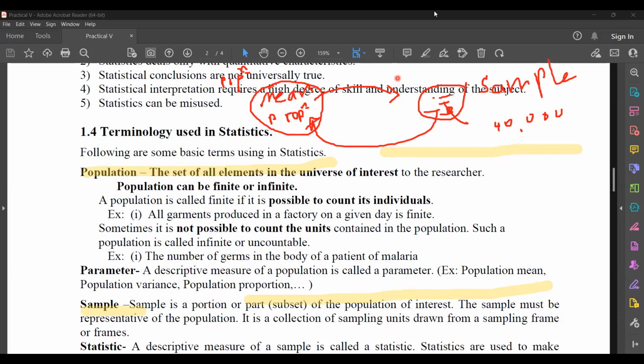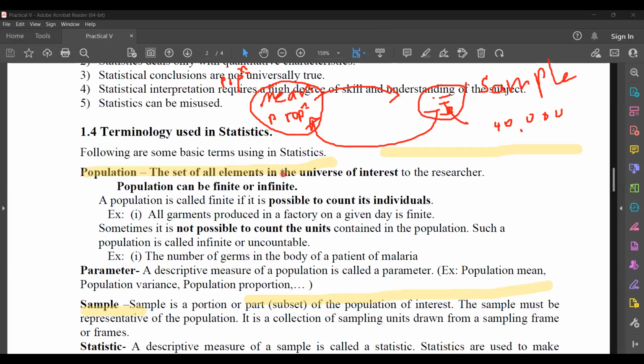I want to calculate the average weight of the students in your group. Then what will be the target population? Population means the set of elements that we are interested in, right?